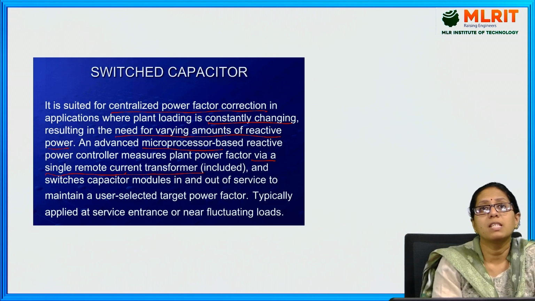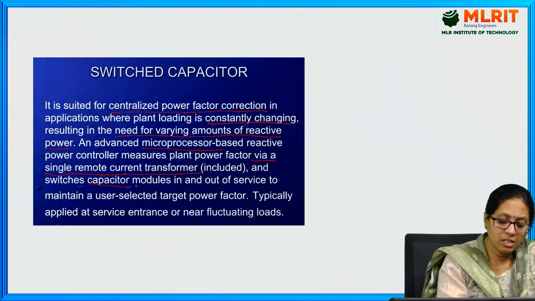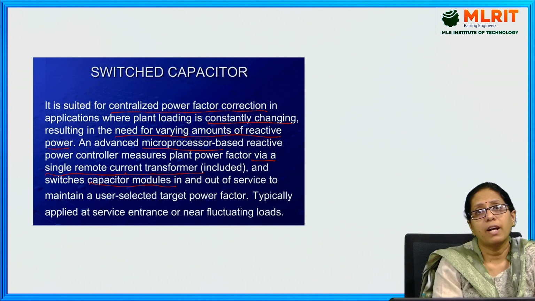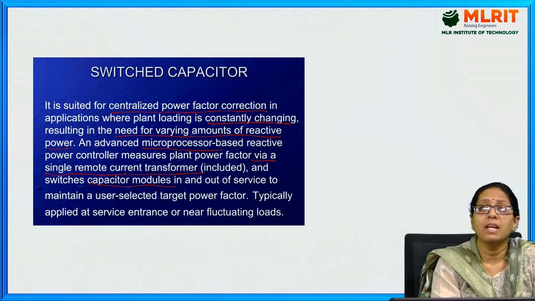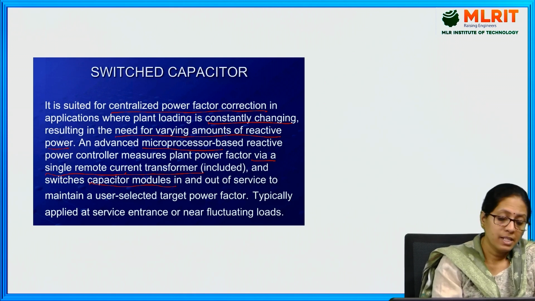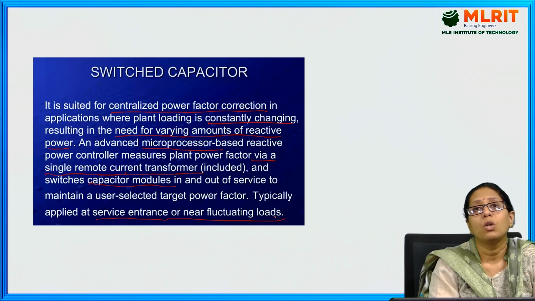Switching the capacitor modules on or off will be done based on the power factor measured by the remote current transformer. Typically this is applied at the service entrance or near the fluctuating loads.